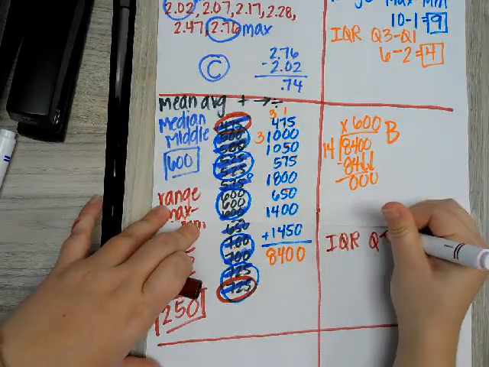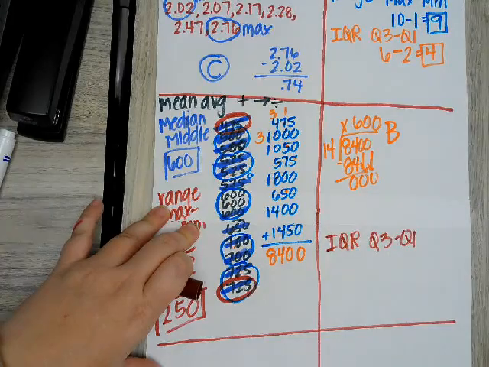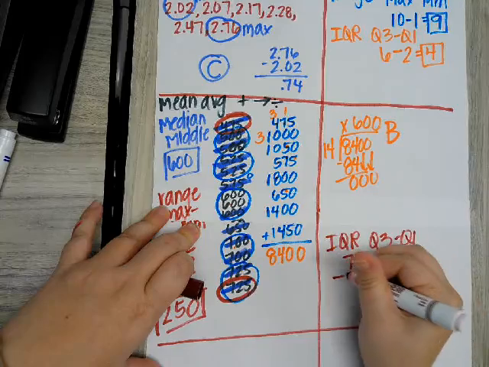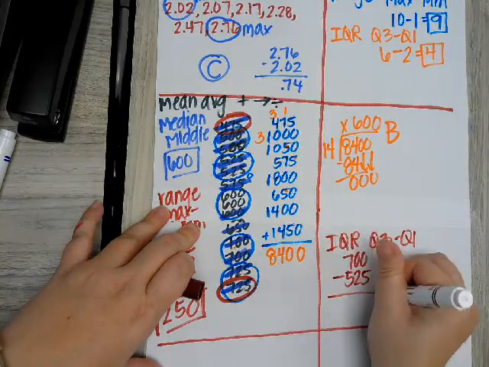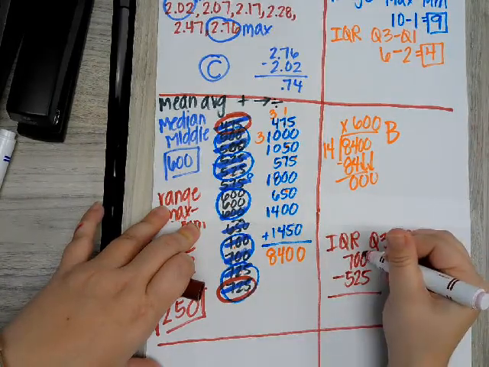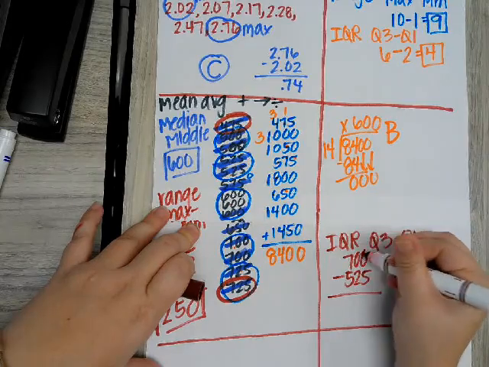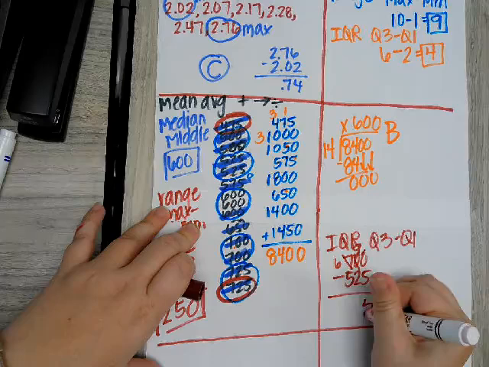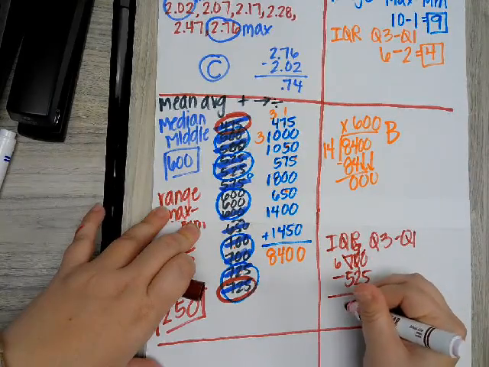So that would be my 700 minus my 525. You cannot do 0 minus 5, so this turns to a 10. Makes it a 9. Makes it a 6. 10 minus 5 is 5. 9 minus 2 is 7. 6 minus 5 is 1. So we get 175.